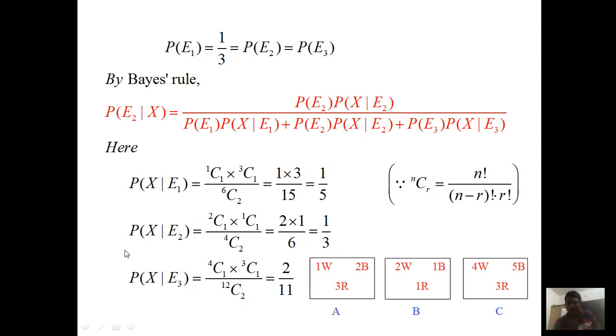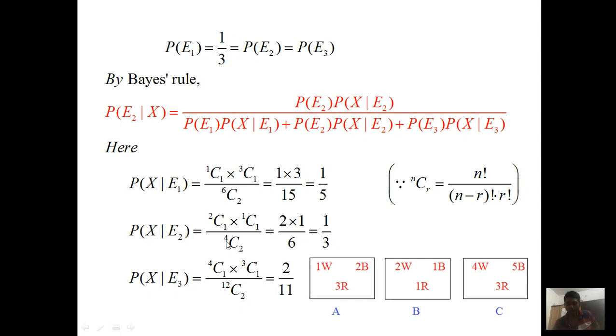Probability of X given E2. That is, this event is already finished. E2 is finished, that is box B is selected. So we have to talk about only this second box. In box B the total balls are 2 plus 1 plus 1, so total is 4. Out of these 4 balls we have to draw 2 balls.